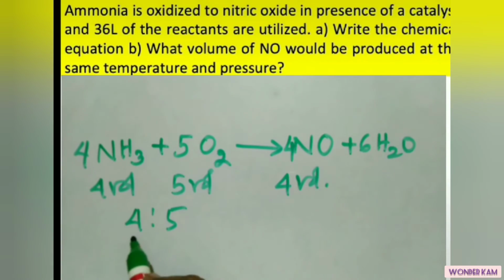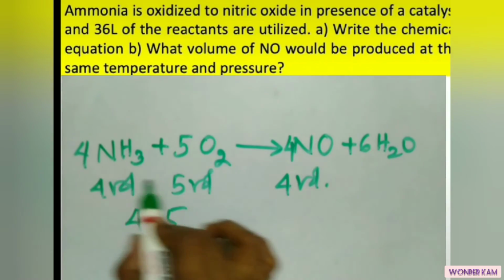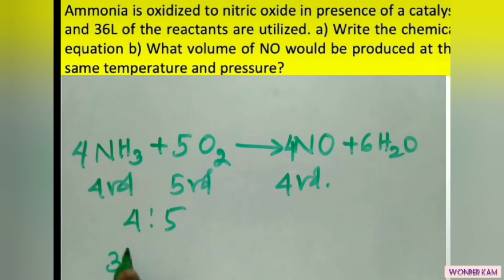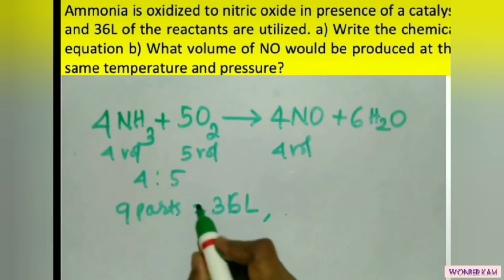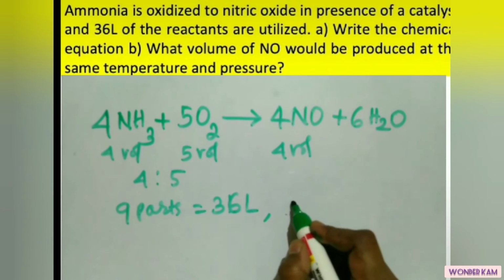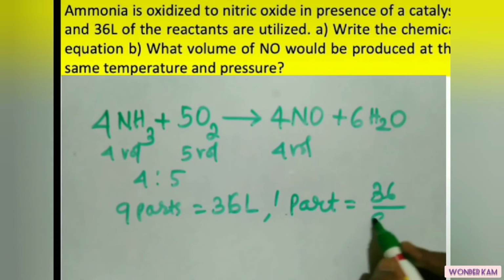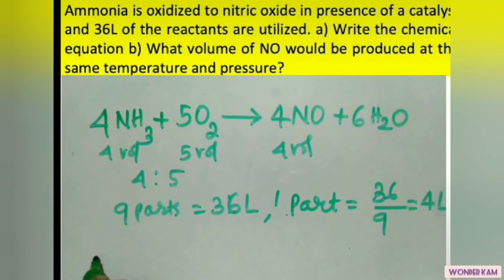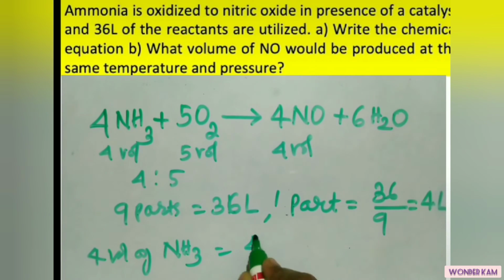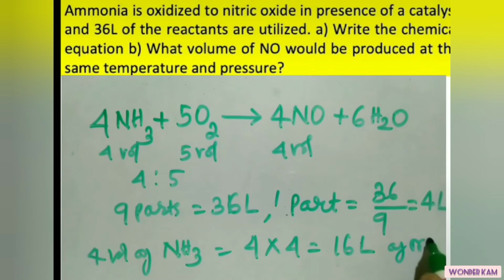Why did I use the term ratio? Because here the total volume of reactants has been given, that is 36 liters. So 4 parts and 5 parts make 9 parts in total, and 9 parts is 36 liters. So 1 part is equal to 36 divided by 9, which is 4 liters. So 4 volumes of ammonia would be 4 into 4, which is 16 liters of ammonia.